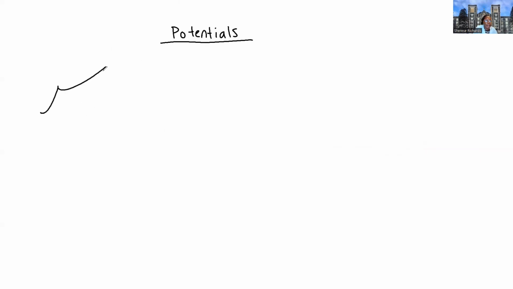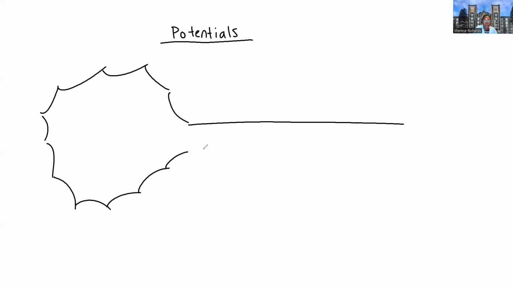Let's begin by thinking about the structure of our neuron. So here's the proximal portion of the neuron. Here is the midpiece or the axon, and then the terminal. Follows nucleus.